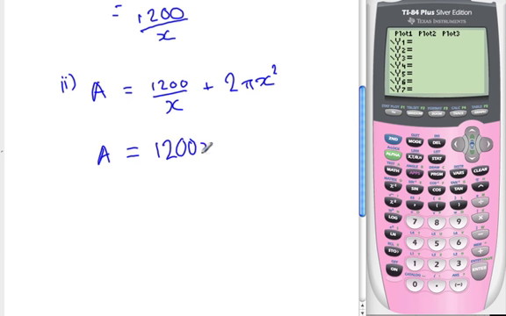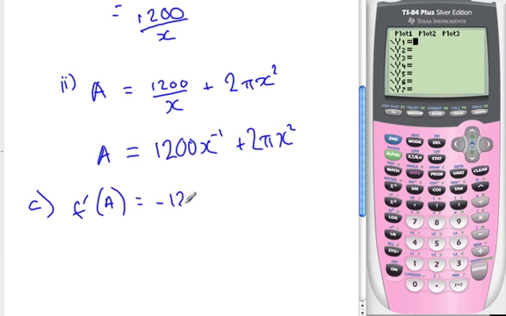So I'm going to write that out as 1200 times x to the power of negative 1, and keep this the same, because now when I try to differentiate this, I'm going to get negative 1200 x to the negative 2, because that goes down a power of x. And then here, 2 times 2 pi is 4 pi x to the power of 1.